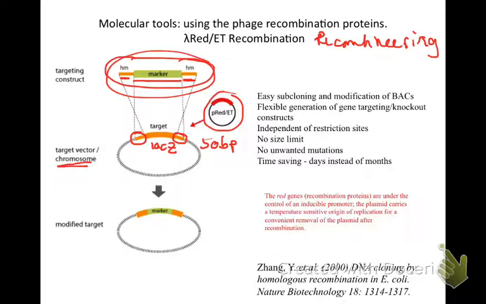This is a construct that contains 2 lambda phage proteins that will mediate recombination between this marker with the homologous regions at the ends and your target on the chromosome, so that you end up with a very clean construct on the chromosome. It's very efficient and very inexpensive, there's virtually no size limit to what you can do, and it saves a lot of time.